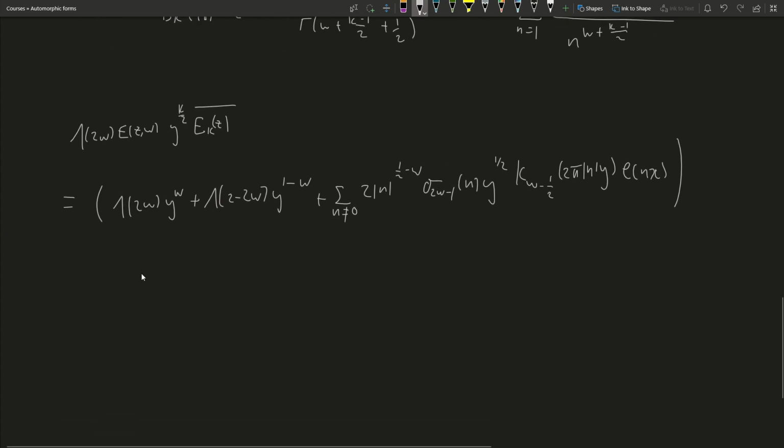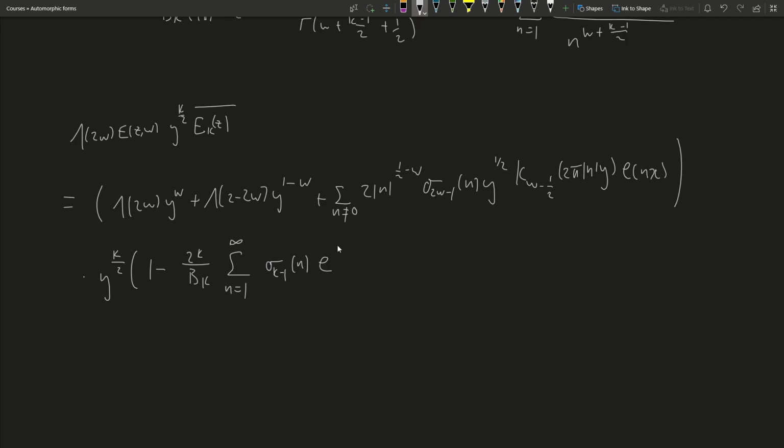And then we have times y to the k over 2, and then we have the Fourier expansion that we wrote down involving the Bernoulli number. This is the sum n from 1 to infinity, sigma of k minus 1, n.